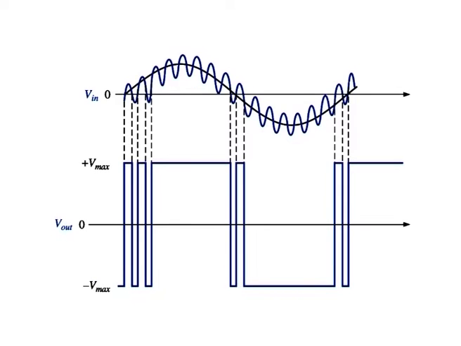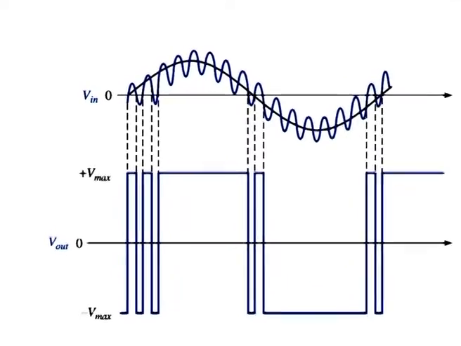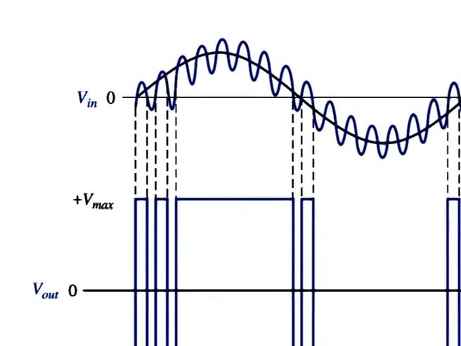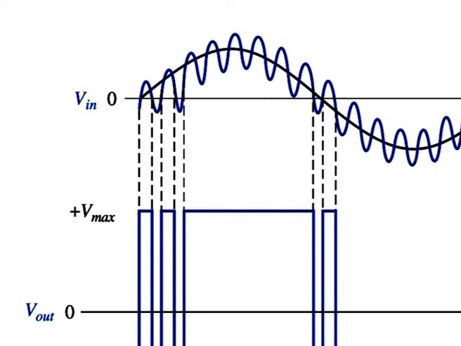Then this figure here shows the input sine wave plus noise and the resulting output. When the sine wave approaches 0, the fluctuations due to noise may cause the total input to vary above and below 0 several times, thus producing an erratic output voltage.